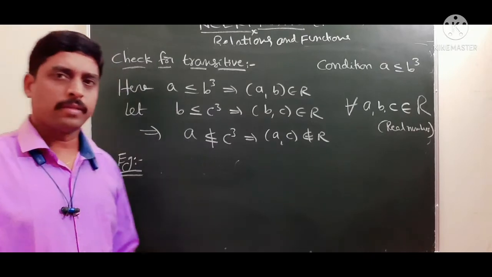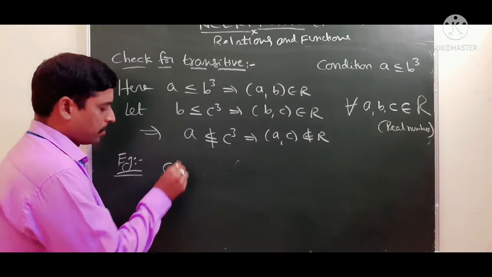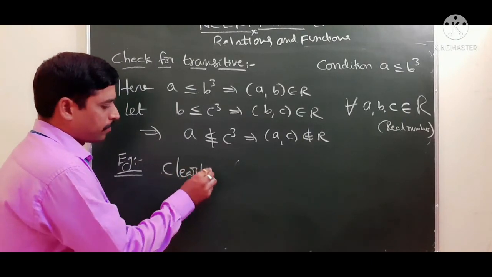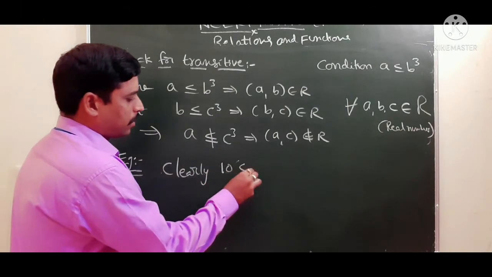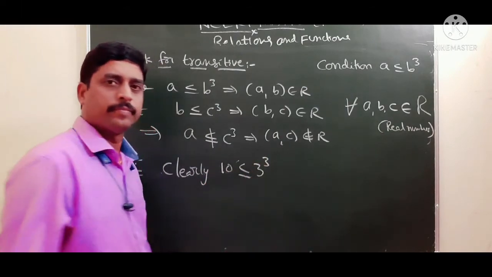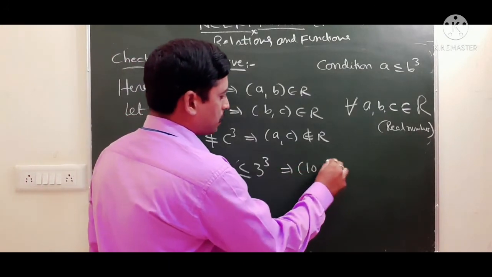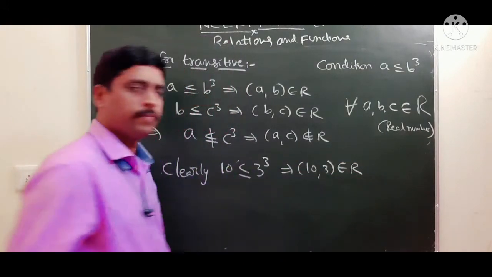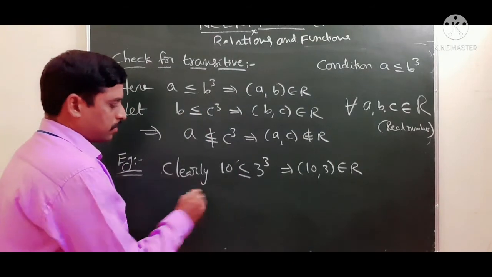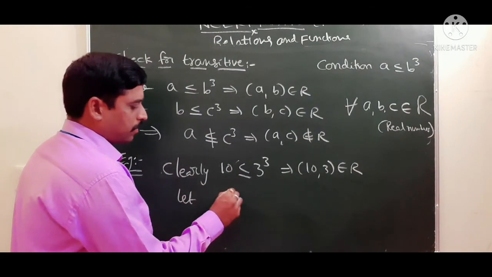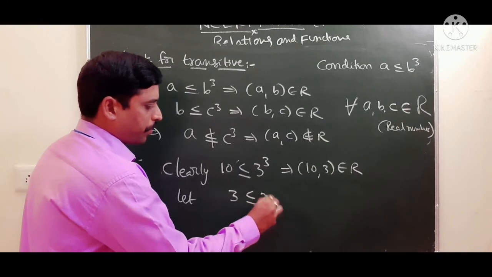I give an example. Clearly 10 is less than or equal to 3 cube. Therefore (10, 3) belongs to R. Let us take 3 less than or equal to 2 cube.